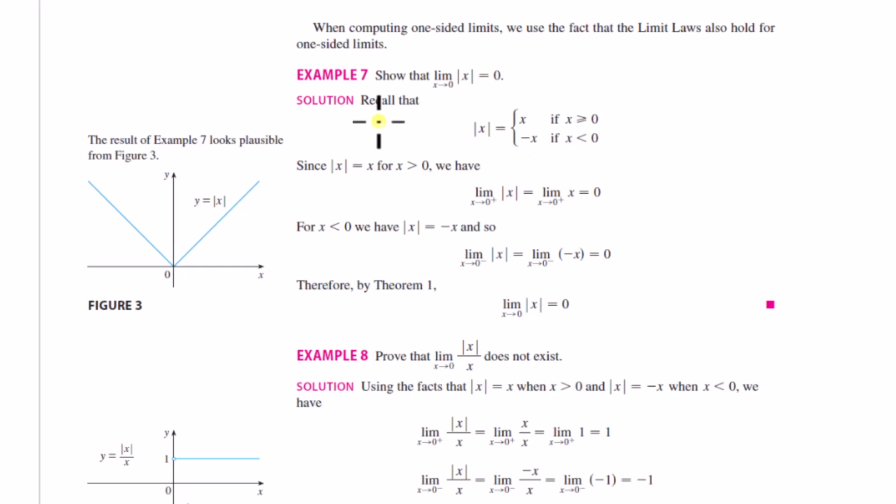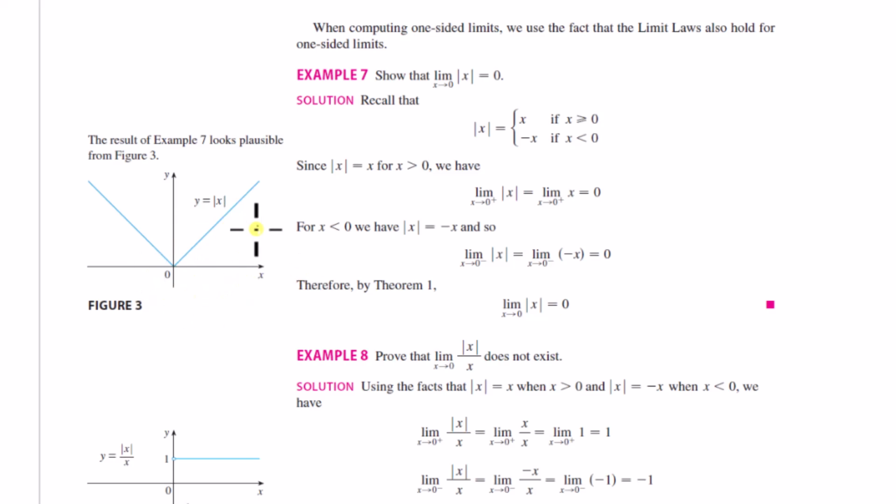So what do we do? Well, we know the definition of the absolute value. It's a two-part definition, where it's the line y equals x when x is greater than or equal to 0, and the line y equals minus x when x is less than 0. That's exactly what the absolute value is. And so we can ask, what's the limit as x approaches 0 coming from the right of this function?